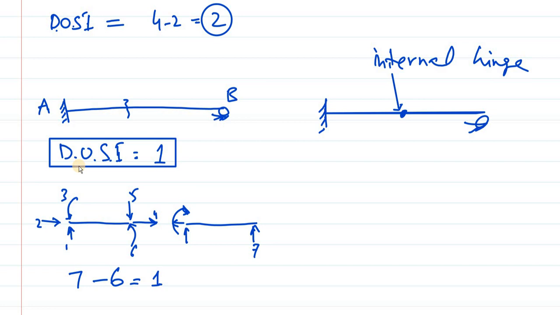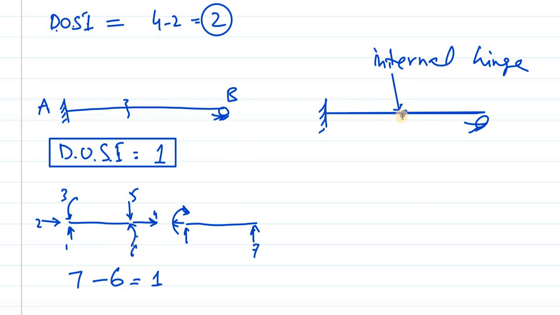For a continuous beam, continuous in the sense that there's no internal hinge between any two segments, all segments are connected rigidly to each other, so they resist all three types of forces: normal, shear, and bending moment.